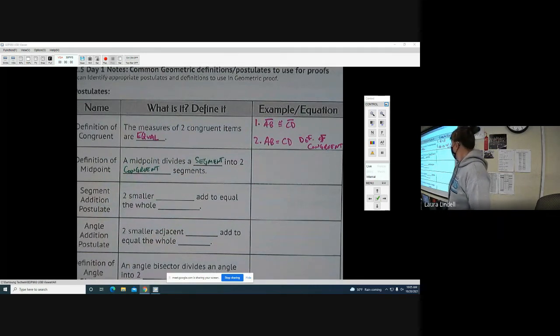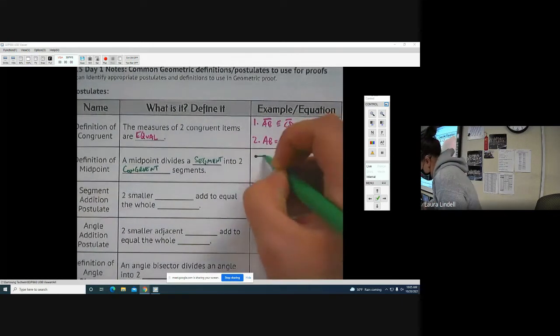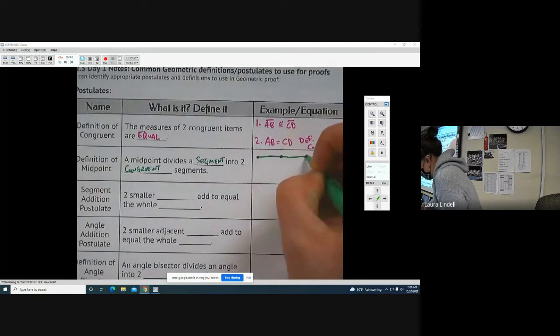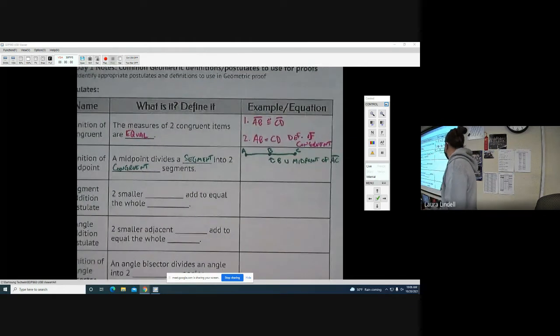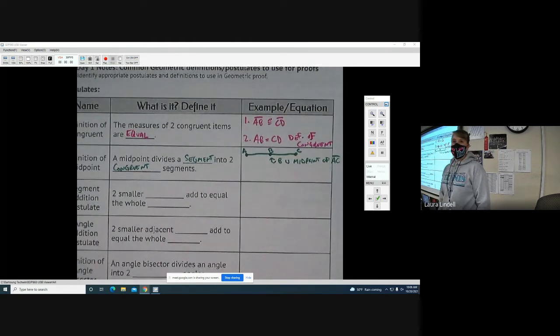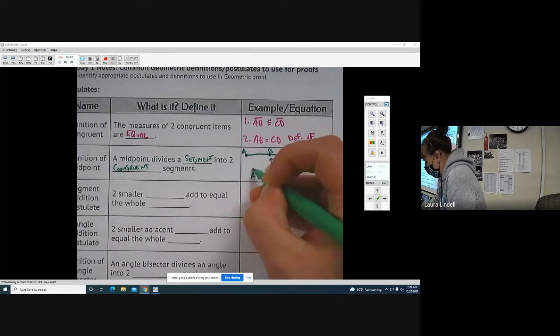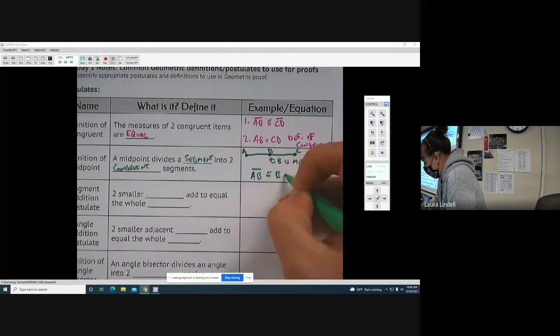All right. So if we're given a picture like this one, A, B, and C, and maybe we are told that B is the midpoint of AC. If we're given that information, then we can conclude that AB is congruent to BC.